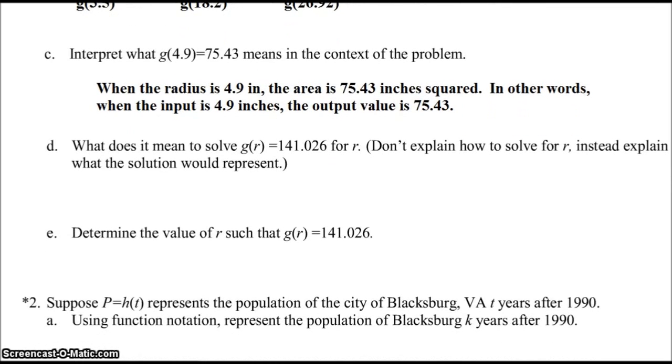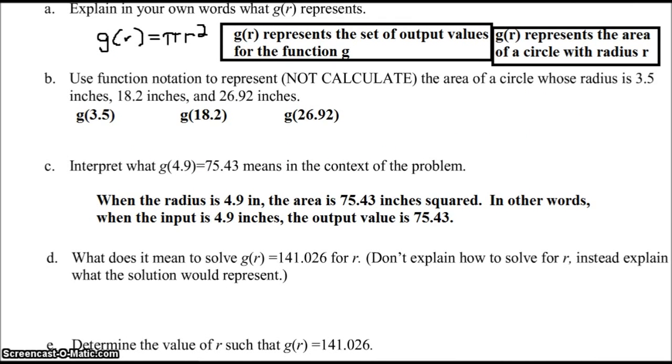What does it mean to solve g of r equals 141.026 for r? Don't explain how to solve for r. Instead, explain what the solution would represent. So this g of r, remember, represents the area of a circle with radius r, and if the area is 141.026 for this particular value of r, if we solve for r, that would tell us the radius we would need to have an area of 141.026 square inches for our circle.